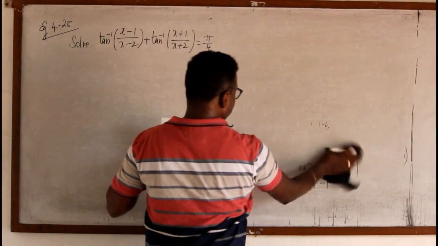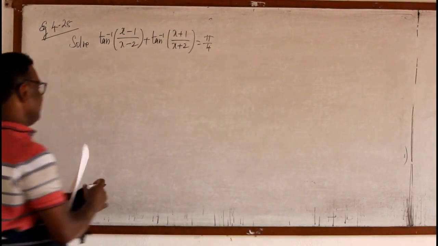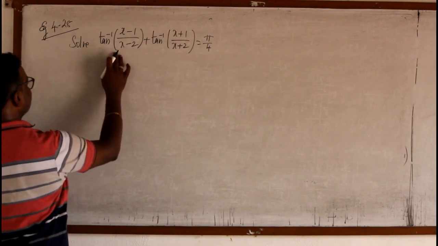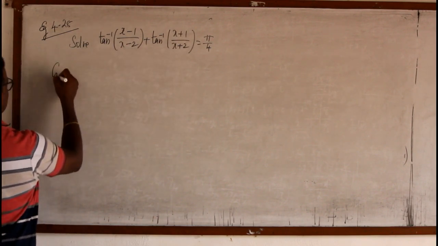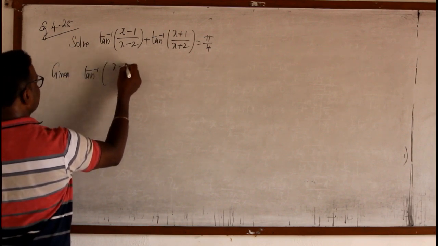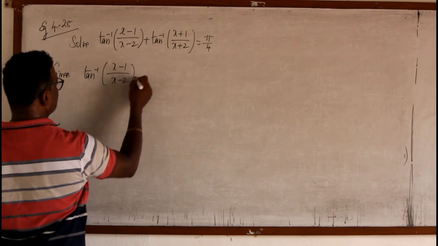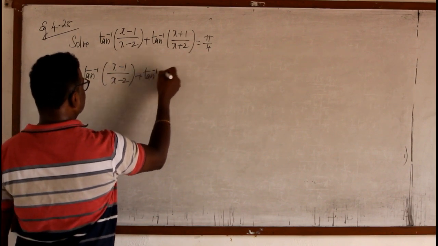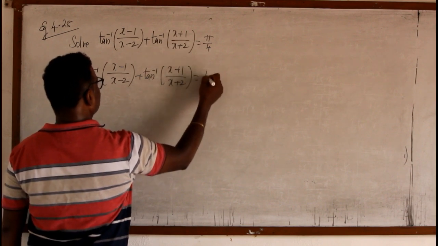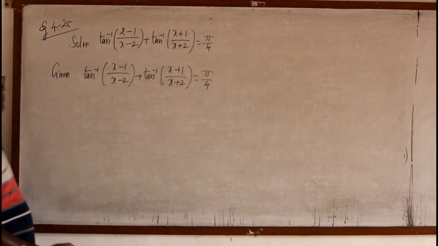We are going to apply the formula, but you must not apply it for large terms also. Now this is tan inverse of A plus tan inverse of B. So given tan inverse of x minus 1 by x minus 2 plus tan inverse of x plus 1 by x plus 2 equal to pi by 4.